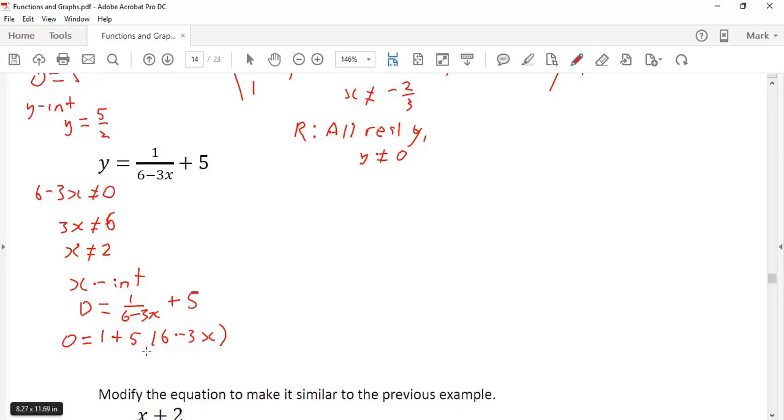If you expand and solve this, I'll let you do that, you eventually get x equals 31 over 15.